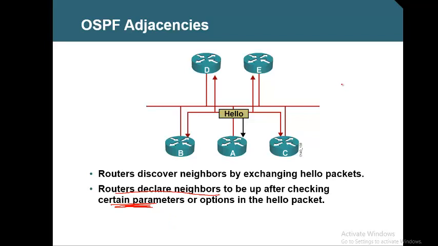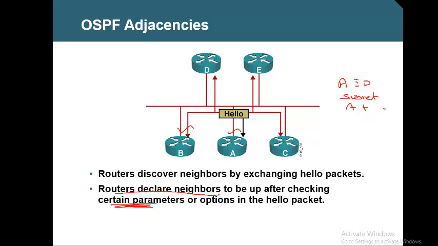Parameters such as area ID, the subnet, meaning this and this should be in the same subnet, and then authentication, if you configure or not, the authentication type should match, at least type 0. I explained that in the previous class.